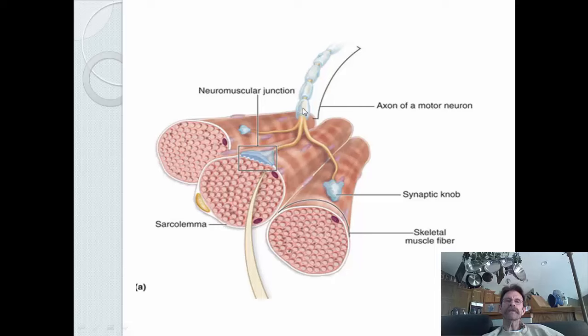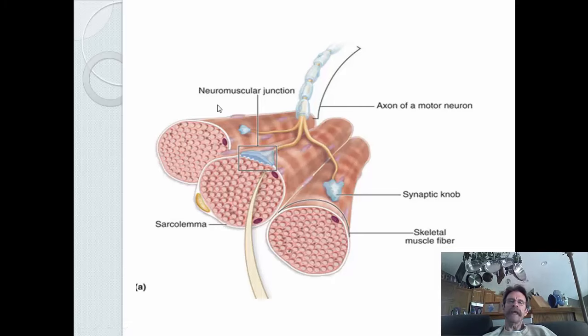So that's more efficient, but what we'll find generally is that the more muscle fibers that are controlled by one motor neuron, the less fine, smooth motion you're going to get. So if you just contract your knee, it's probably a motor neuron with a lot of muscle fibers, because that's not a very fine movement.